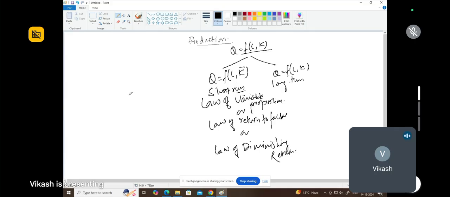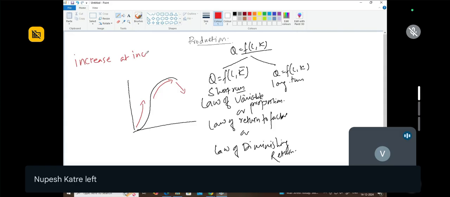If you remember, short run production function says that production first increases with increasing rate, and then increases at diminishing rate, and then there is a negative return. So production is divided into three parts. Production increases at increasing rate first. This is stage 1.